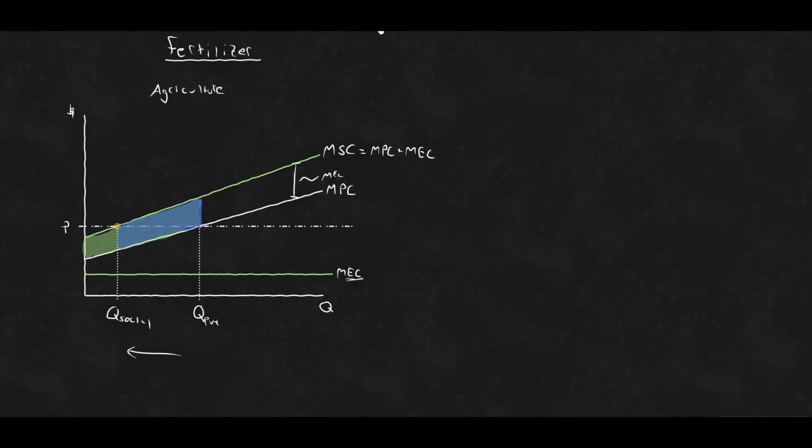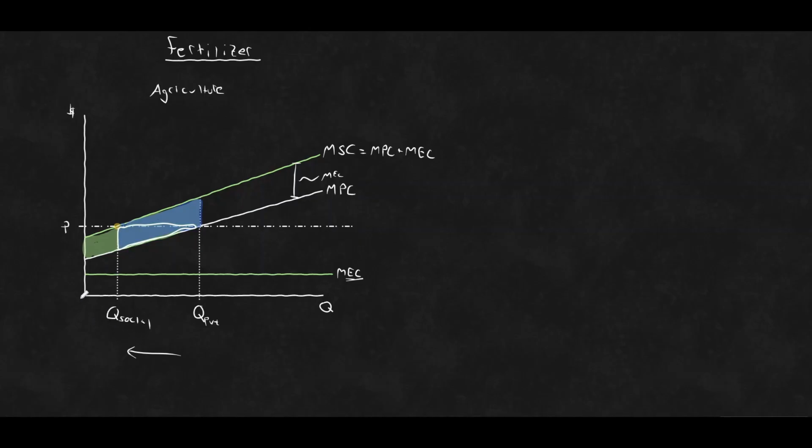However, by doing so, our farmers, our producers, are no longer producing at Q private. That is, they're giving up a bunch of their producer surplus, the difference between what they were willing to accept and the price that they get.